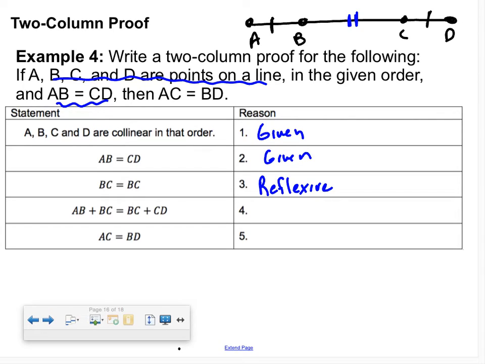And then they're going to add. So they're using the addition. This one's a little tricky. They're adding BC to both sides. And then that allows us to combine with SAT, because we already know that they're all on the same line, and we've proven what we needed to prove.